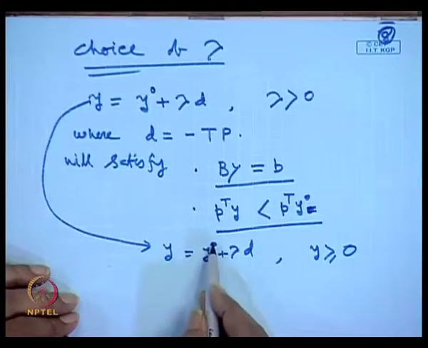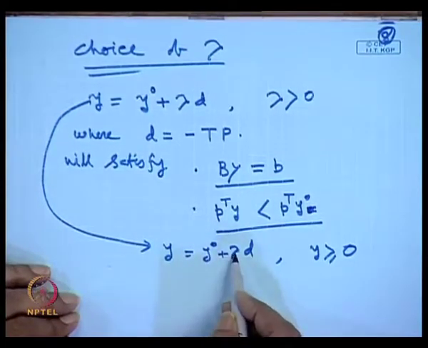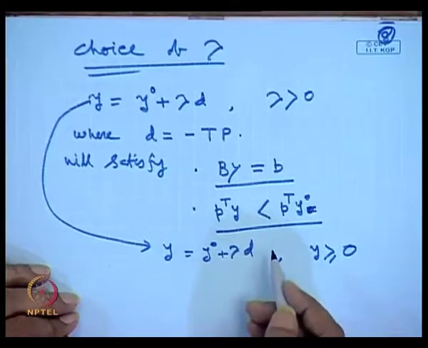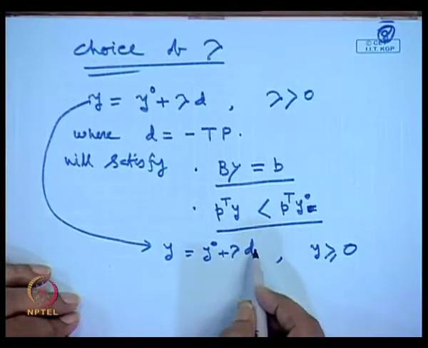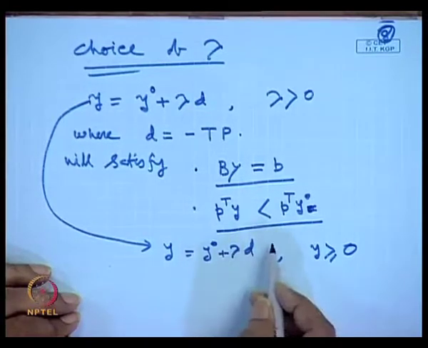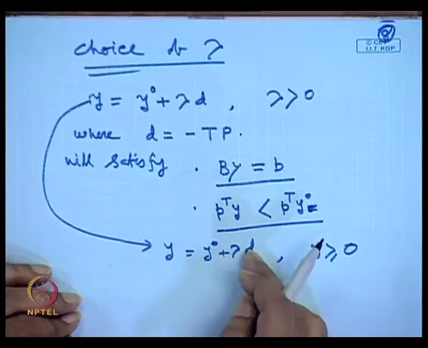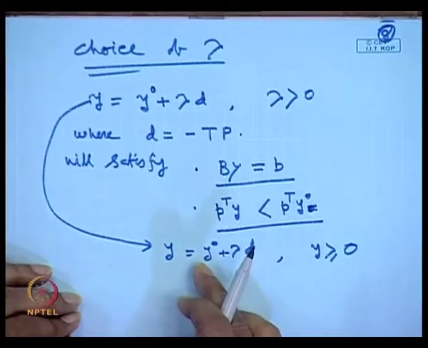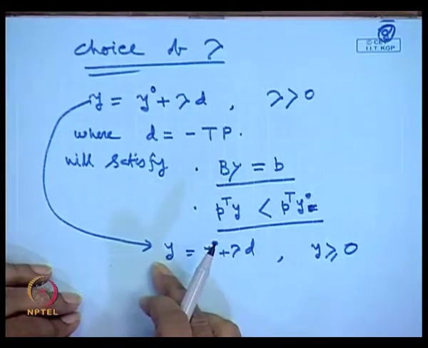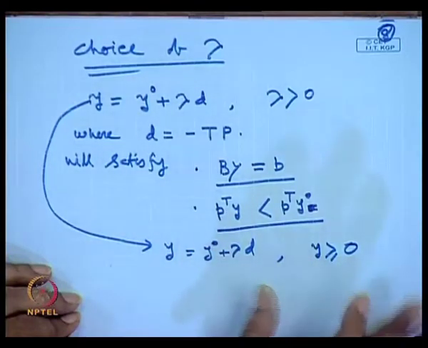Since y 0 is greater than or equal to 0, and lambda is a positive quantity, we have two cases. If the ith element of D is positive, then it ensures the ith element of the new point is also positive.